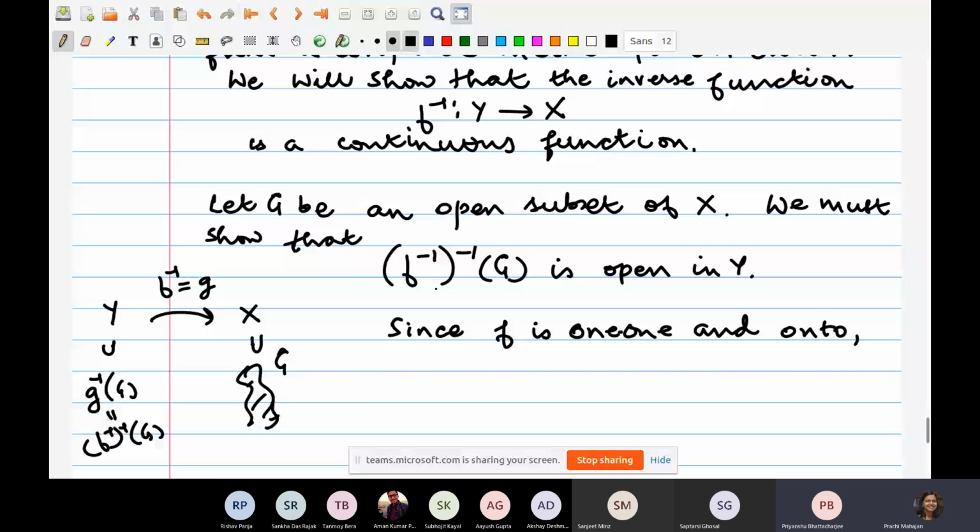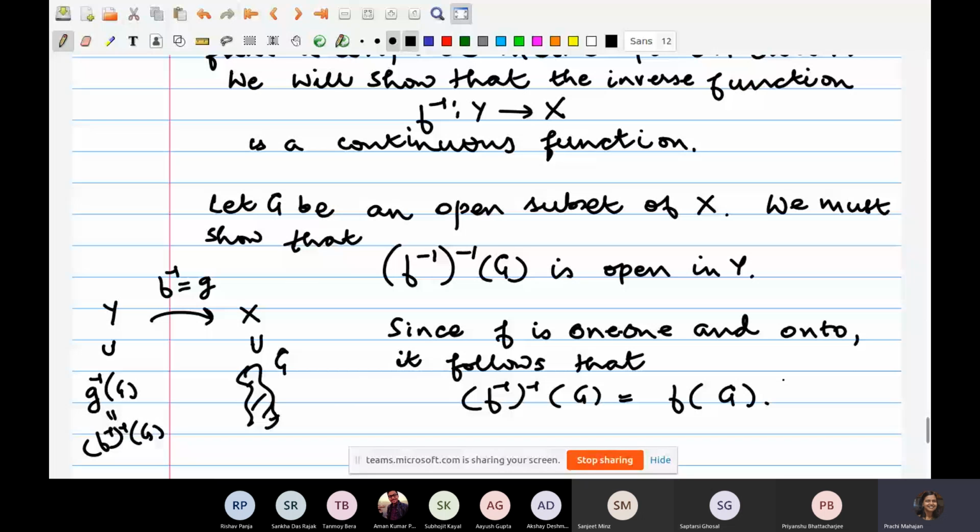Ma'am, that should be equal to f of G, I guess. That's exactly equal to f of G. Yeah, thank you, Priyanshu. It follows that this set is exactly f of G.